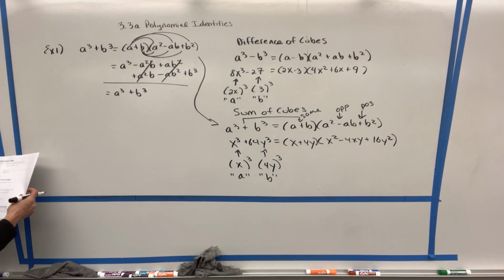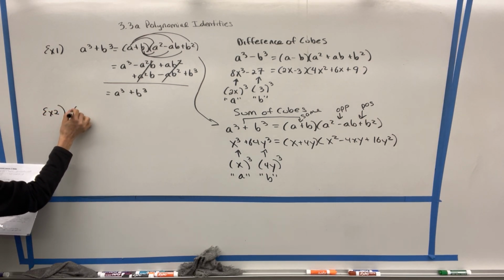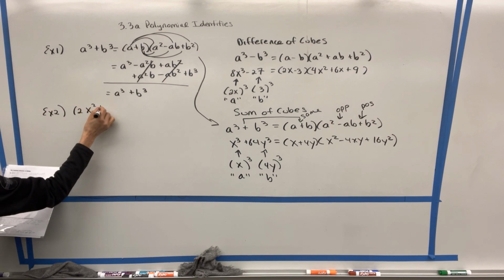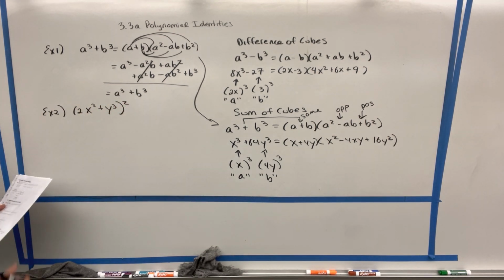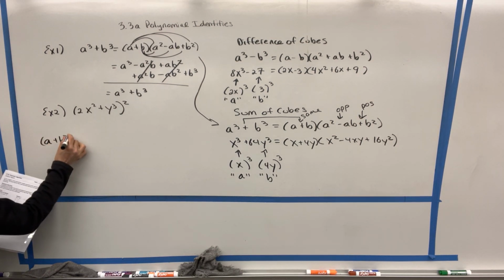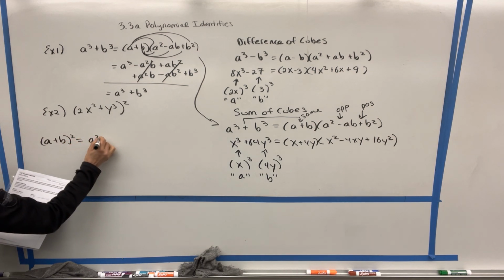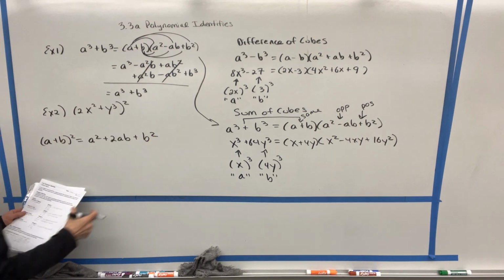Let's use some identities to multiply. In example 2, let's take a look at 2x squared plus y cubed all squared. So this is similar to the square of a sum that we talked about on the last page, where we said that a plus b squared is equal to a squared plus 2ab plus b squared.